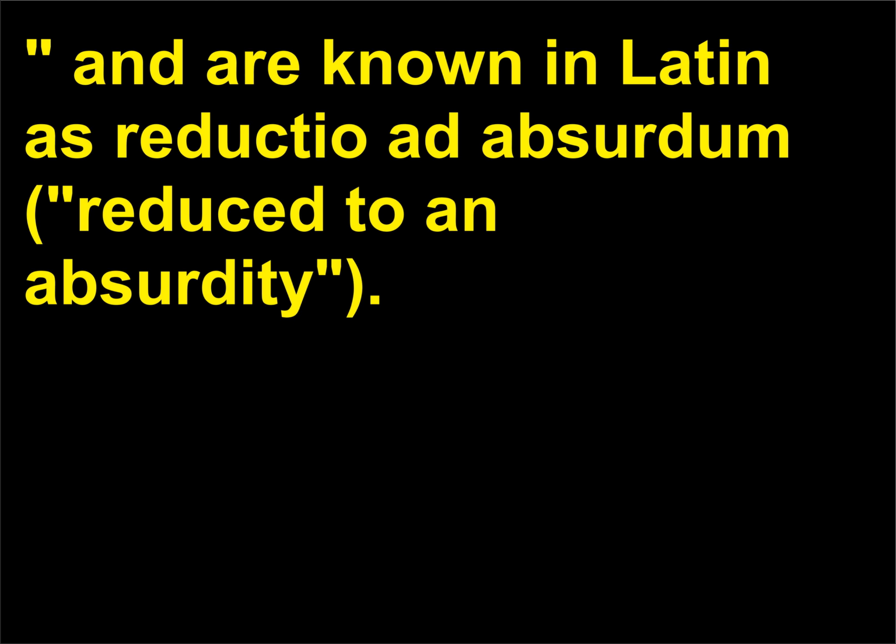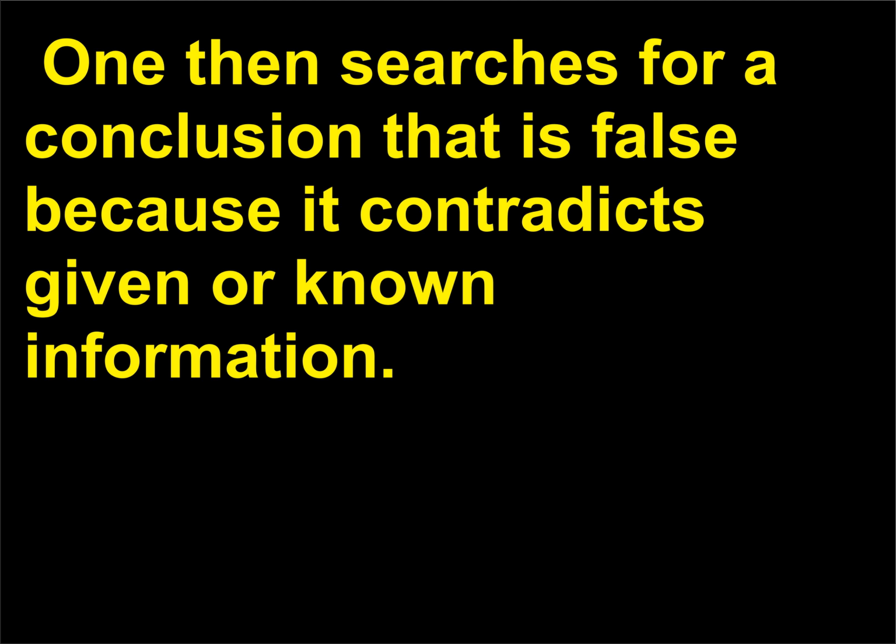This type of proof initially assumes that the opposite of what you are trying to prove is true. From this assumption, certain conclusions can be drawn. One then searches for a conclusion that is false because it contradicts given or known information.